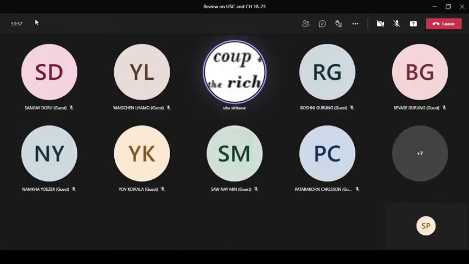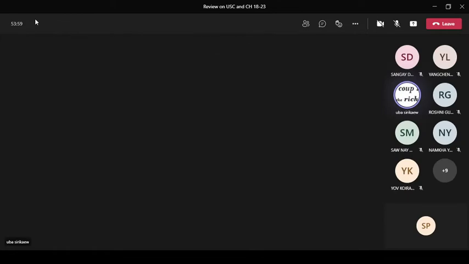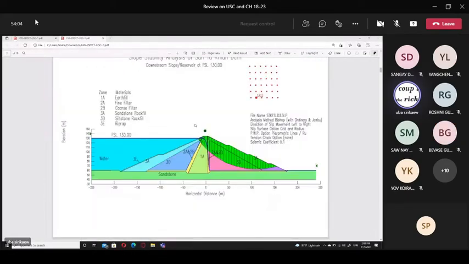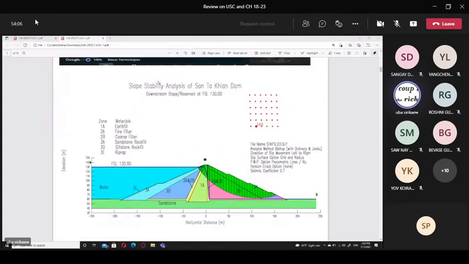Okay, my turn. If you go to see when they construct the dam, before construction they have to evaluate the slope stability of the dam. They use a program. They summarize the horizontal force against the vertical force, and we determine the factor of safety of the slope.